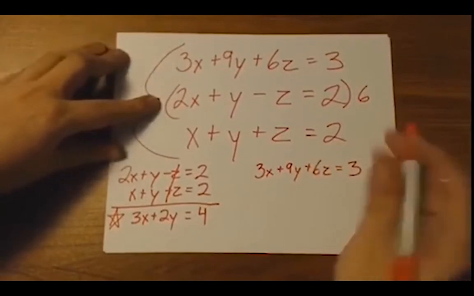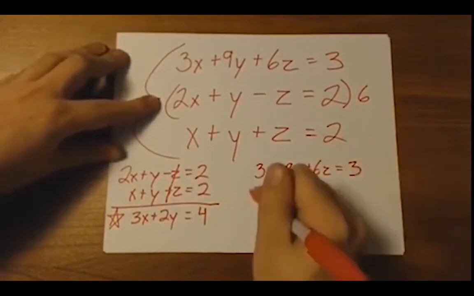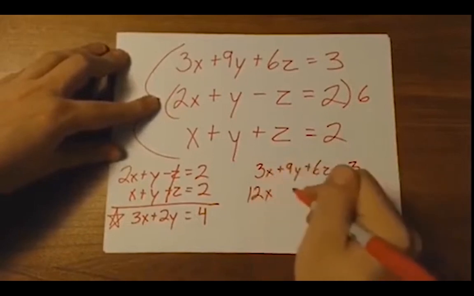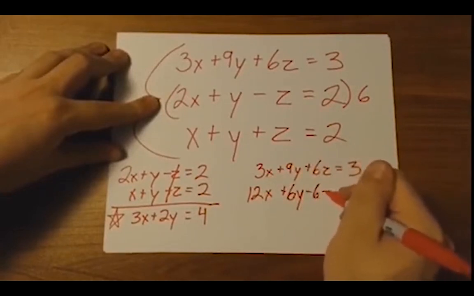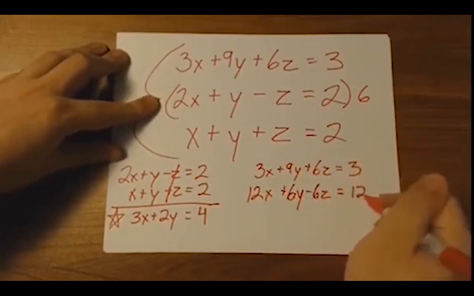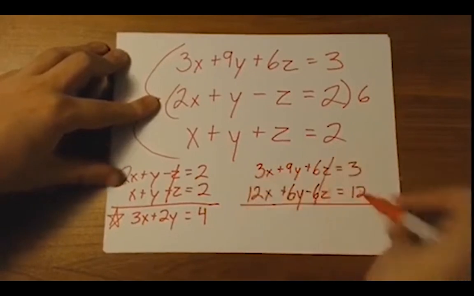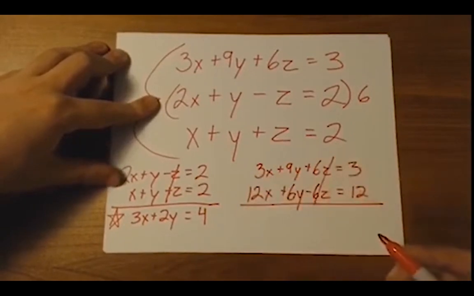Multiply 6 through equation 2. 12x plus 6y minus 6z equals 12. Z's are eliminated.